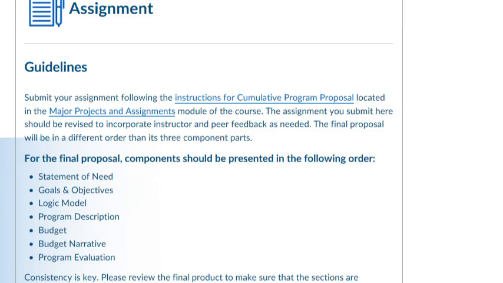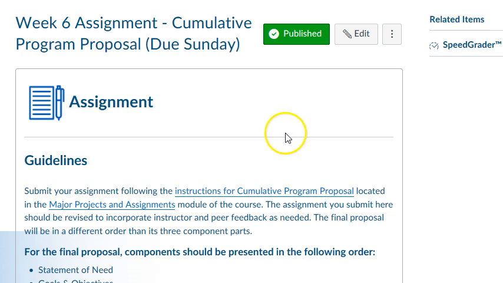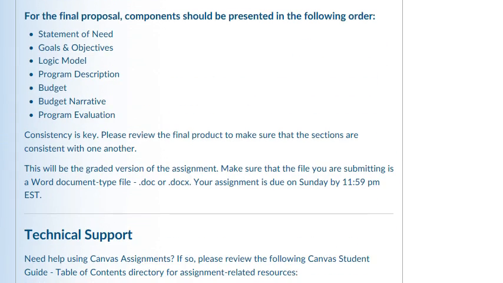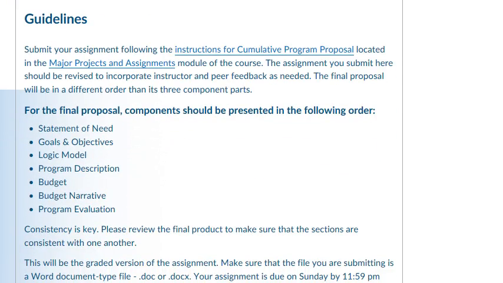You will see the instructions for the cumulative proposal noted in major assignments, but you're going to submit in the following order: the statement of need, the goals and objectives, the logic model, the program description, the budget narrative, and the program evaluation.